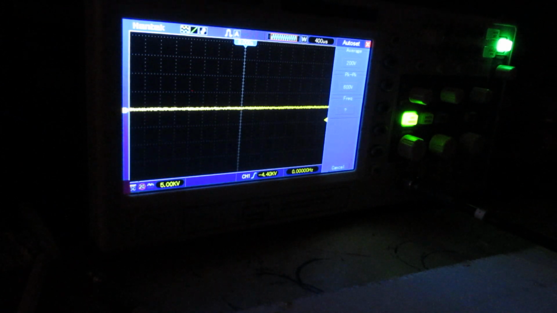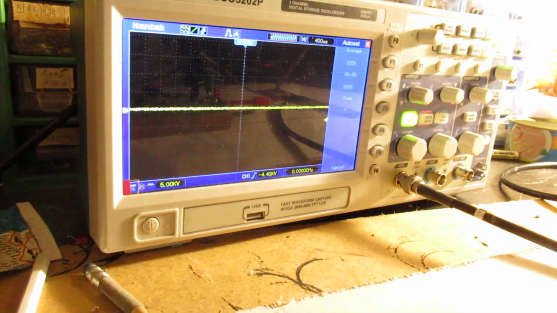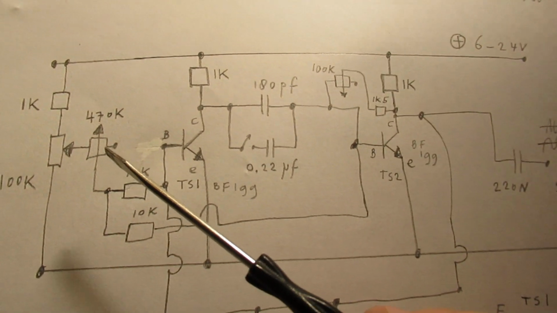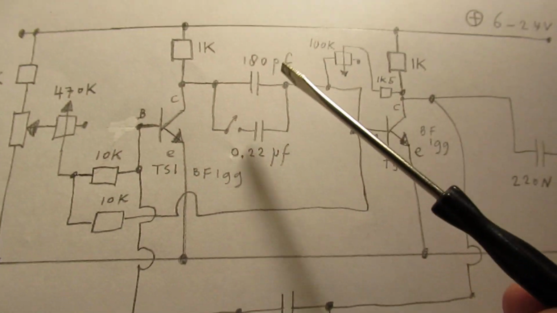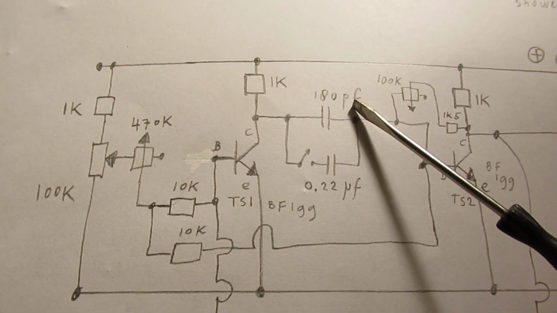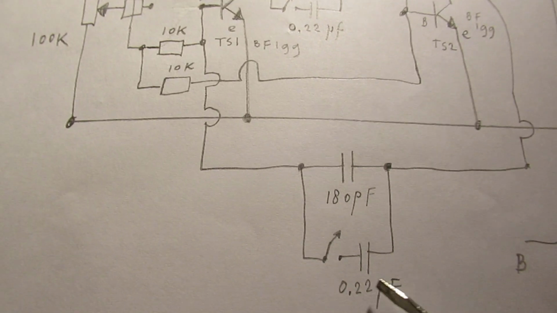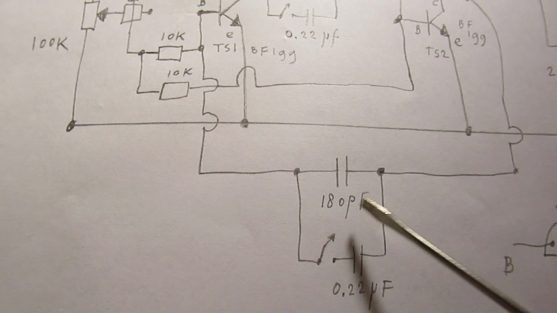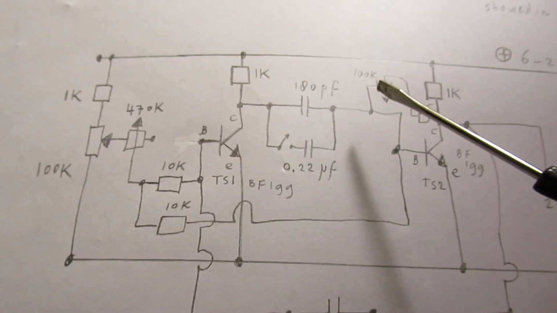Well, let's try to get to higher frequencies. And I have to switch on the light again, showing the schematic again. What I want to do now is change this potentiometer, switch to the 280 picofarad capacitor, so remove that 0.22 microfarad capacitor that bridges that 180 picofarad capacitor, and let's see what happens.